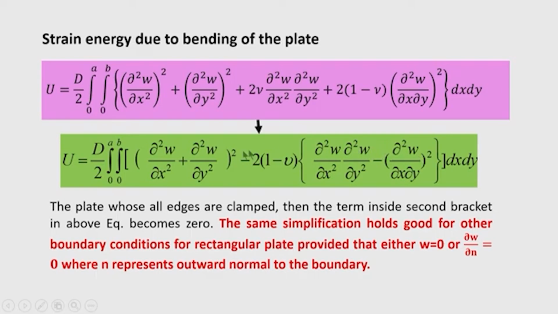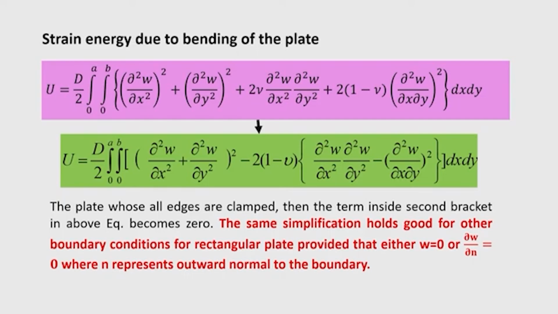Now, this quantity, del square W del x square, has the physical meaning that it represents the curvature of the plate during bending in the x direction. Similarly, the curvature of the plate in bending in the y direction is del square W del y square. And what is this quantity? Del square W del x del y is the twist curvature. So, twist curvature is related to the twisting moment in the plate.